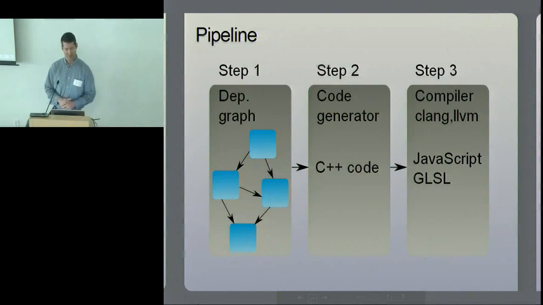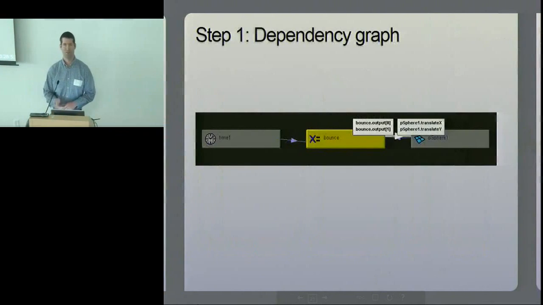First, the dependency graph is exported, then this is translated to C++ code, and in the last step this is compiled to JavaScript and GLSL using Clang and LLVM. The first step I showed you in Maya: the time connected to the expression, and this connected to the position of the sphere.